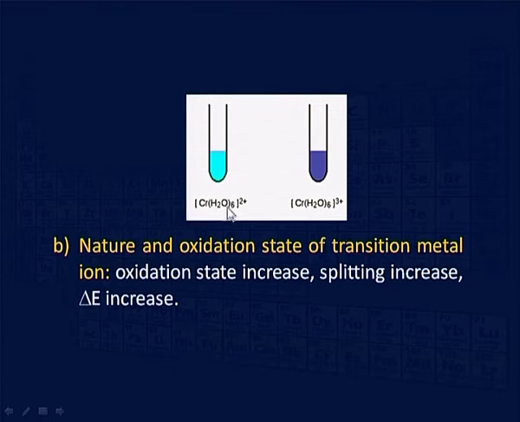But with the change in oxidation state, the color of the complex or the solution changes. So, we can say that the color depends not only on the nature of the ligand, but also on the oxidation state of the transition metal ion, and with the increase in the oxidation state, delta E increases.